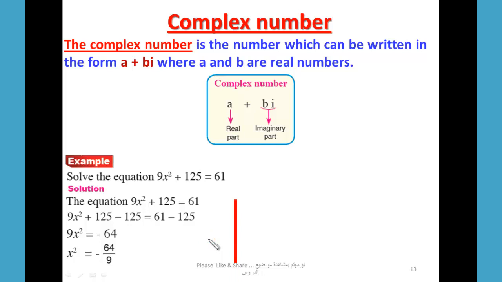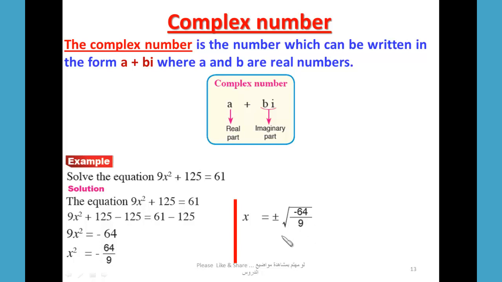And x equals positive or negative square root of negative 64 over 9. We take the square root of both sides, so x squared will be x, and the negative 64 over 9 will be root negative 64 over 9.